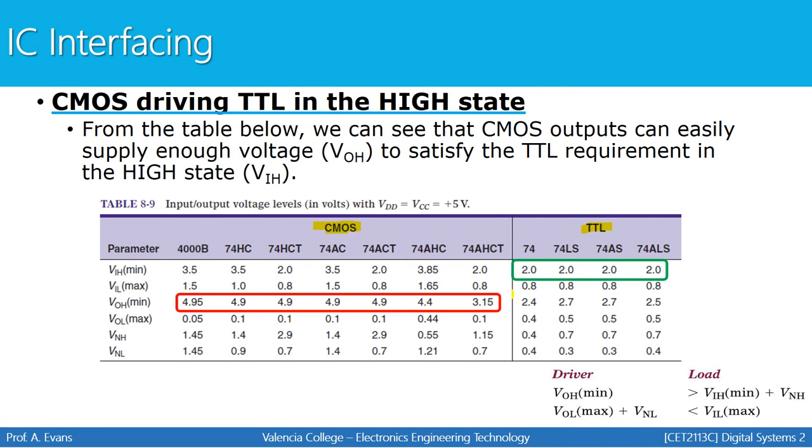So if we compare that to the load, it has a minimum voltage level requirement of 2 volts. And we can see that the driver in any case is going to provide more than that. So we wouldn't need an interface circuit if a CMOS was driving a TTL device in the high state. No issues here.